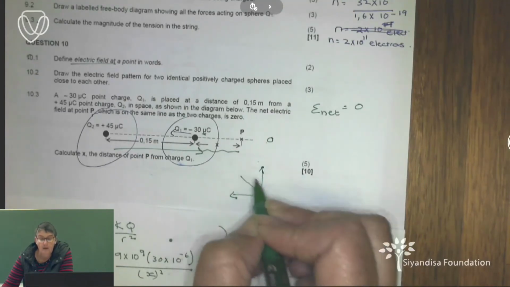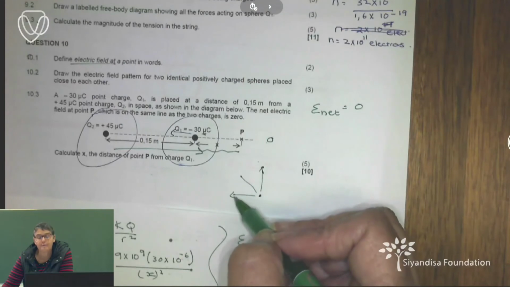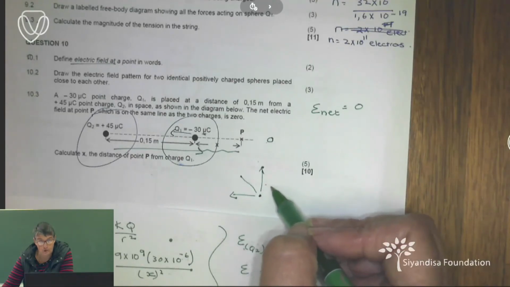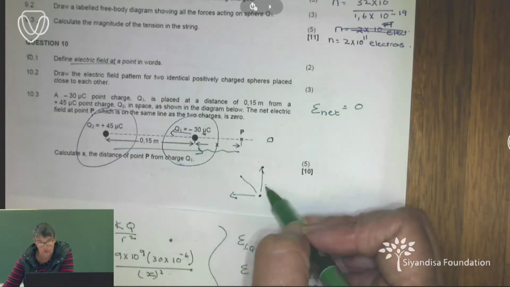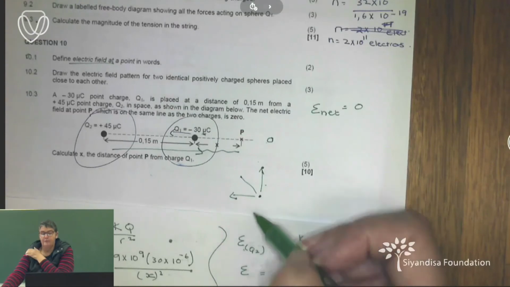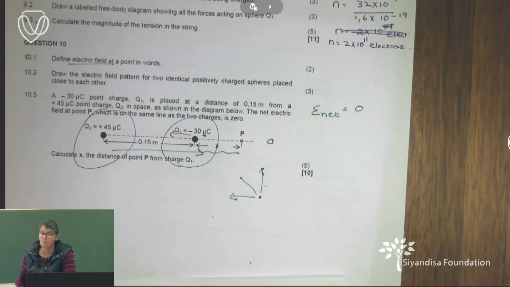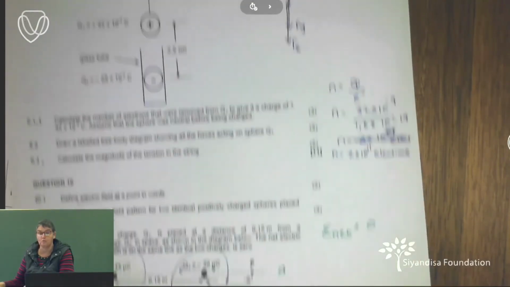You would have to make use of Pythagoras and then also make use of your trigonometry to get the direction. Because remember, all of these are vector quantities, so we need to make sure that we make use of our direction as well.